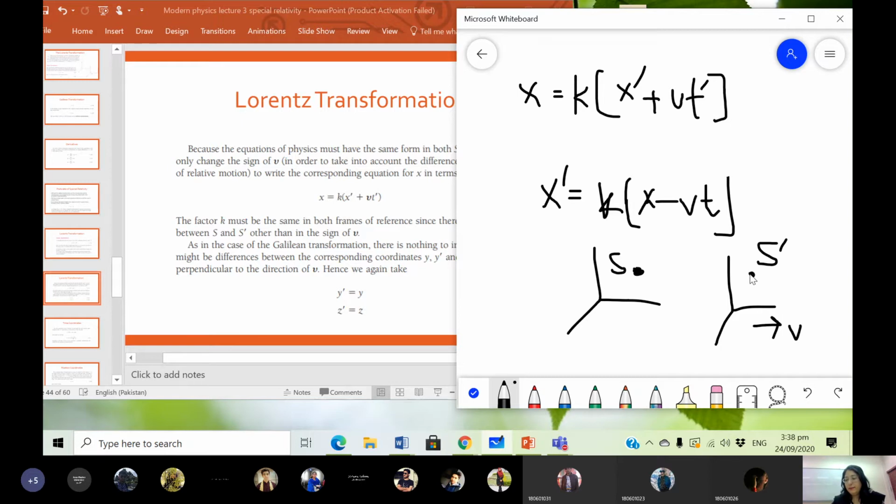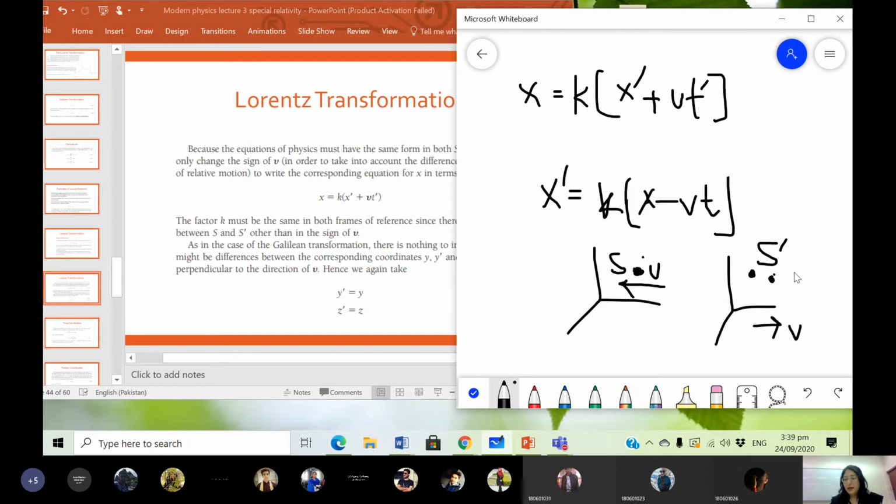Because if we are viewing from this frame, as I said before, this will be moving backwards with a velocity v. If I'm viewing from this frame, then an object in this reference frame will appear to move backwards with a velocity of v.